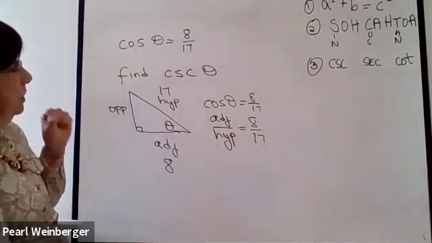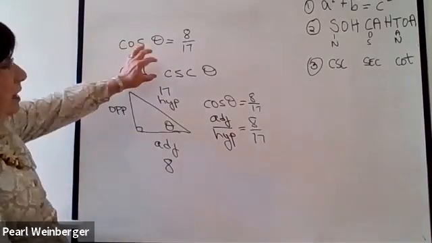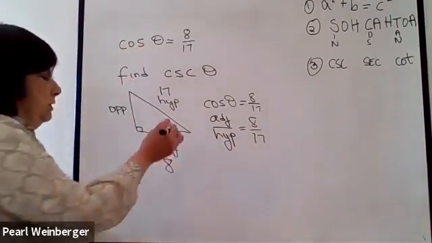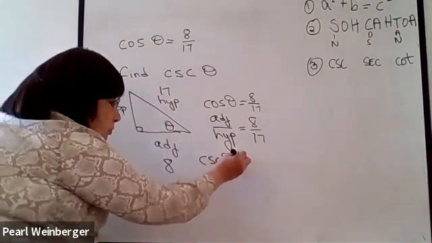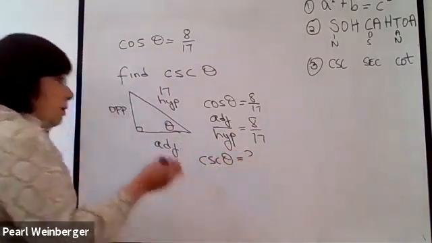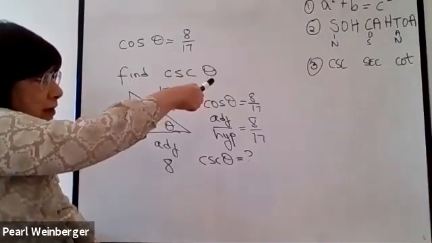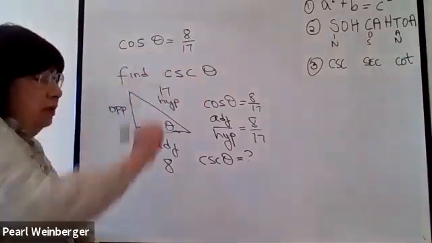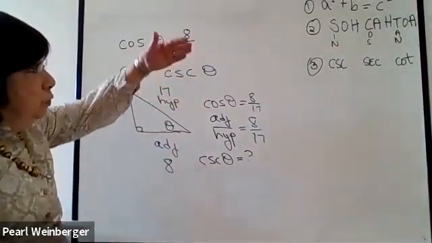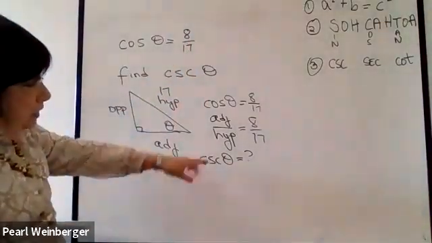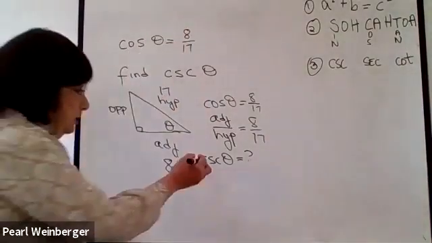Now let's go to what they asked me to find. They asked me to find cosecant theta. That's what we're looking for. Well, I know that the cosecant is the reciprocal of the sine. Remember, C goes with S. This starts with C. The one that starts with S is sine.